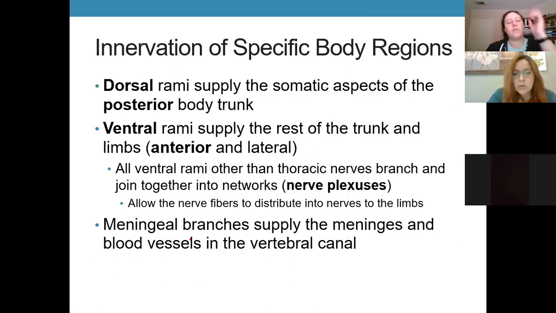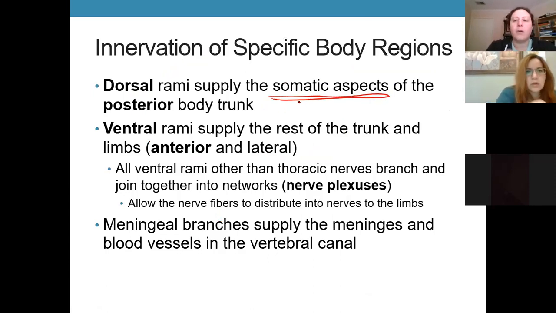So the dorsal rami supply the somatic aspects. So this is skeletal muscle and stuff of the posterior body trunk. The ventral rami supply the rest of the trunk, so anterior and lateral, and the entirety of the limbs, so all aspects of the limbs.